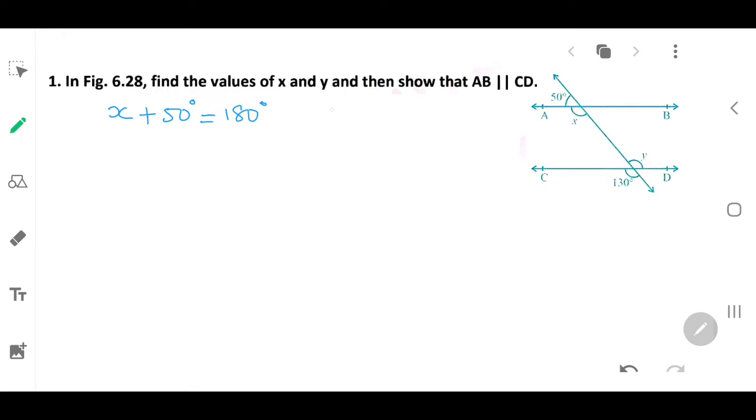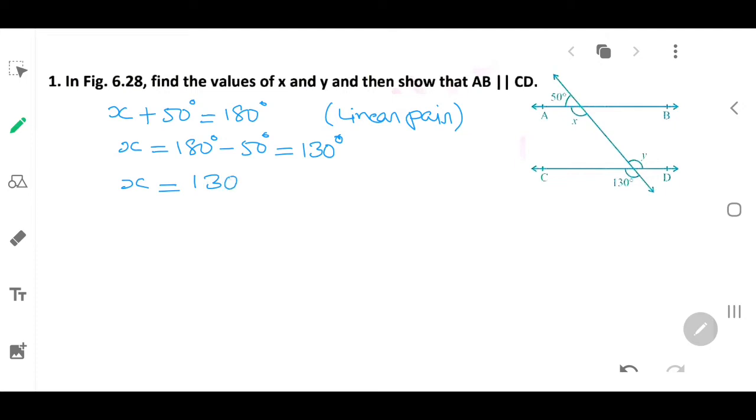You can write here linear pair. Then you find out the value of x. 180 minus 50 is equal to 130 degree. So x will be 130 degree. You take it as equation number 1.